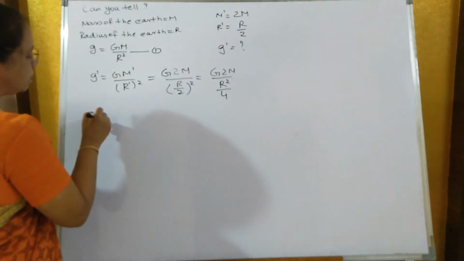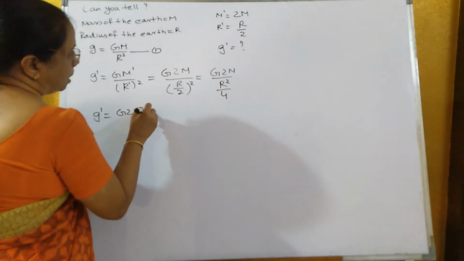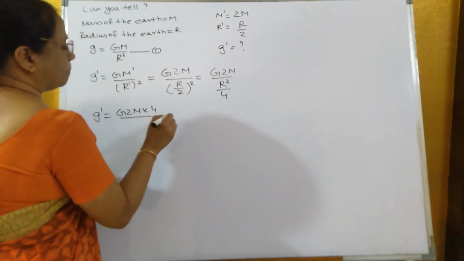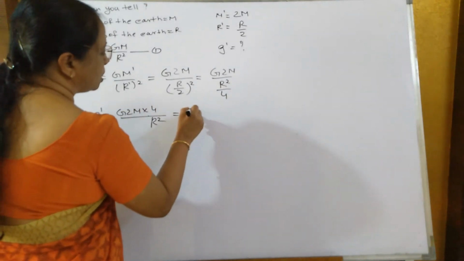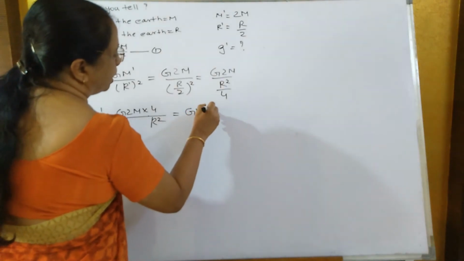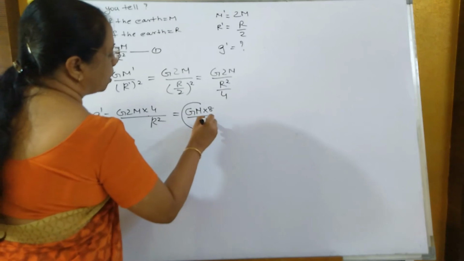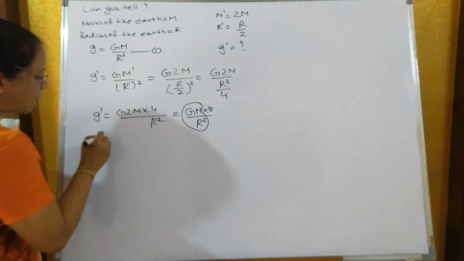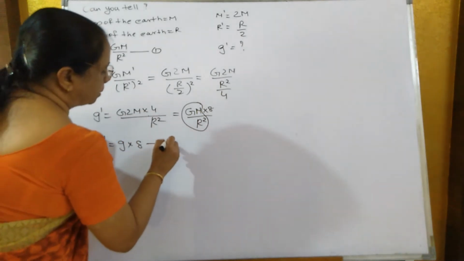You will get g dash is equal to G 2m into 4 upon r square. So that's equal to 2 4s are 8, so G m into 8 upon r square. Now what is G m upon r square? G m upon r square is equal to g. So g dash is equal to g into 8 from 1.